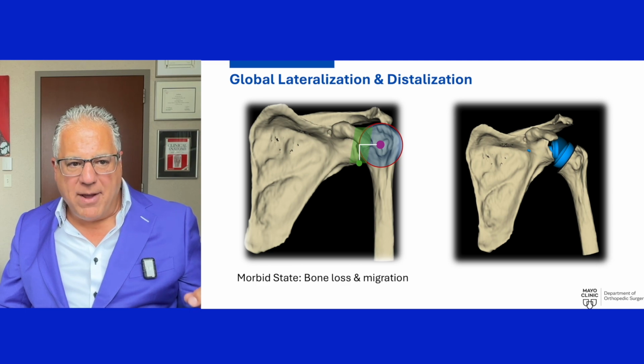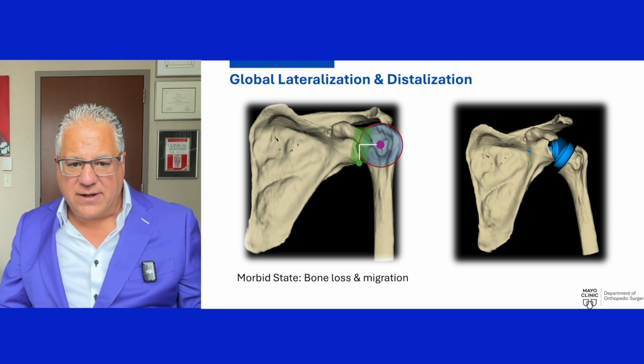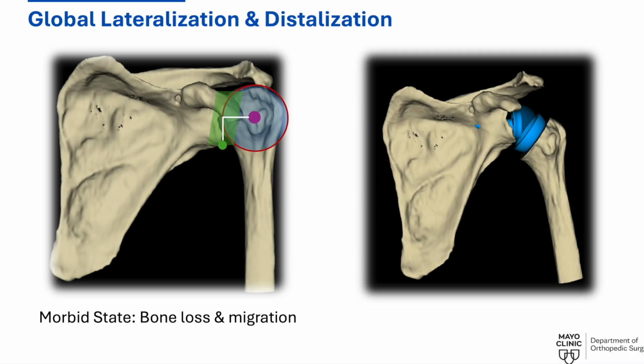Finally, how do we measure global lateralization and distalization? On the image on your left, you can see how BluePrint has identified, as the green dot, the lowest portion of the still intact glenoid, and, as the purple point, the geometric center of the humeral head pre-reverse.